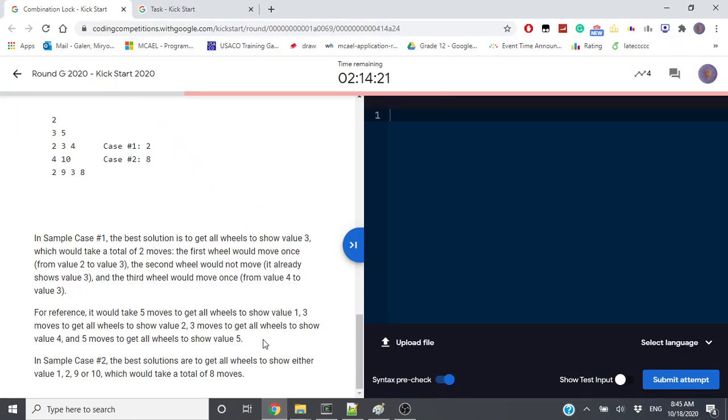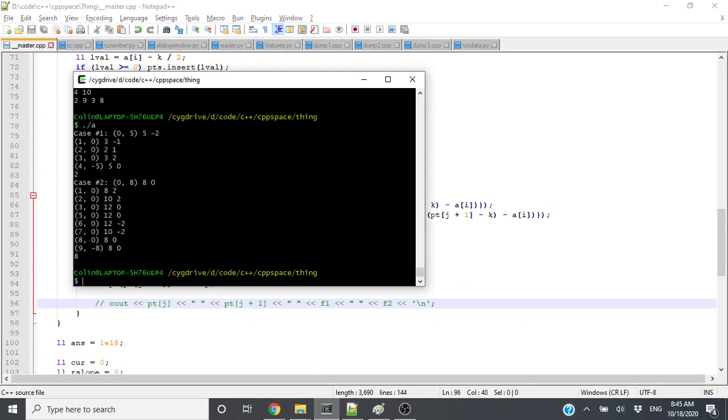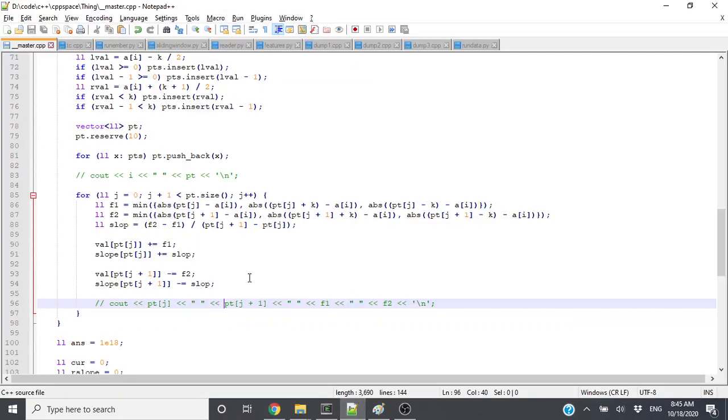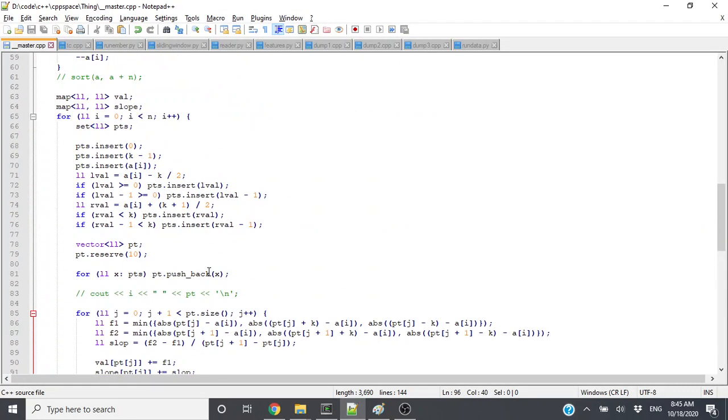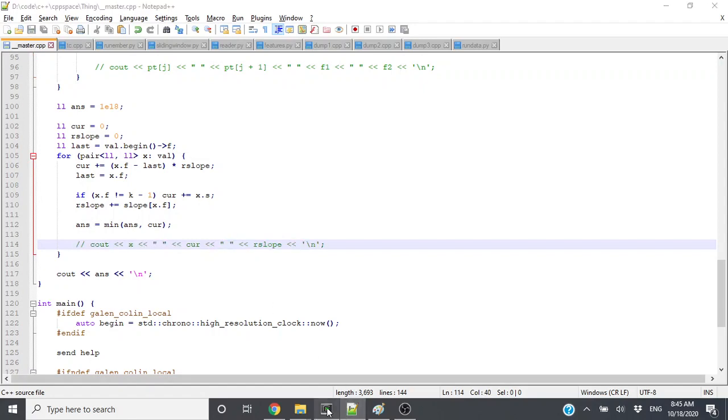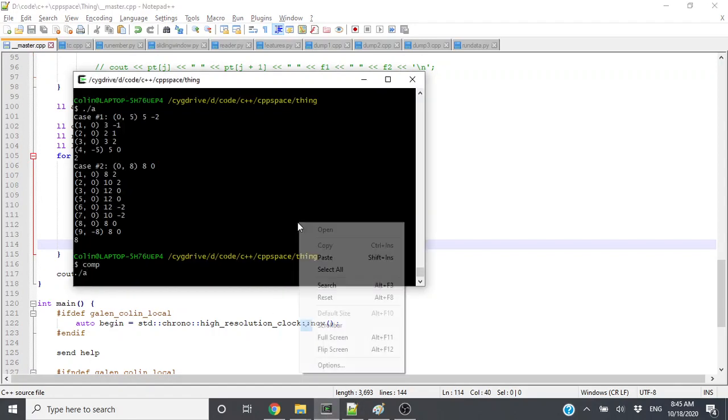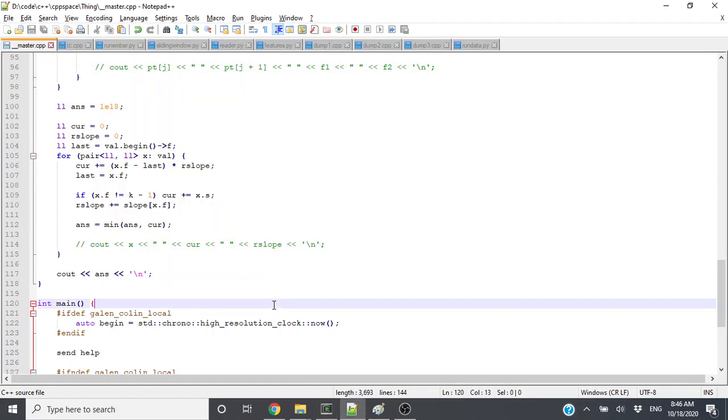That just makes sense. Yeah, that's what it says. 5, 3, 3, and 5, and 2. So 1, 2, 9, or 10 all have 8. Yep, okay. And then the rest just kind of have more. Let's get rid of the debug. Okay.